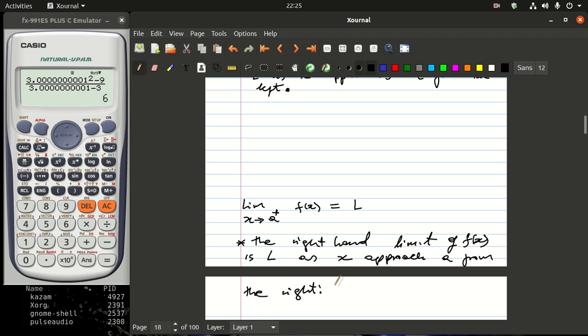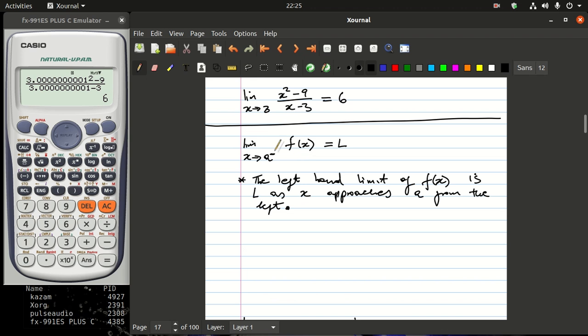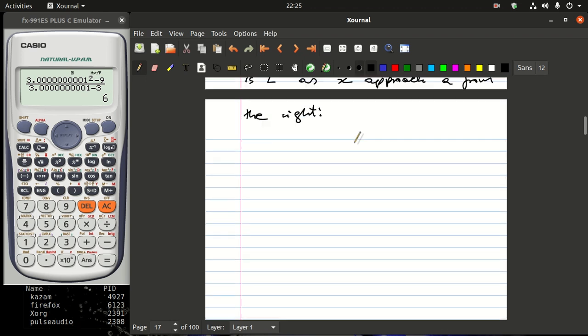That's what is important about this. So this one is saying I am going to pick a point so close to a but on the right, and then plug it here, and that value that I get, I will call the right hand limit. Here I pick a point just on the left of a, and then I plug it here. The value that I'm getting, I will call the left hand limit of f of x.